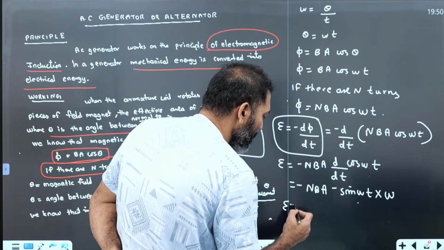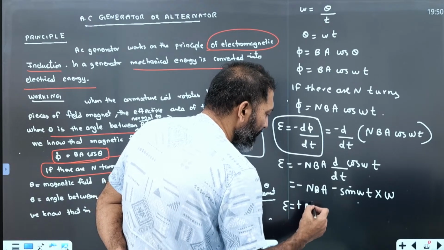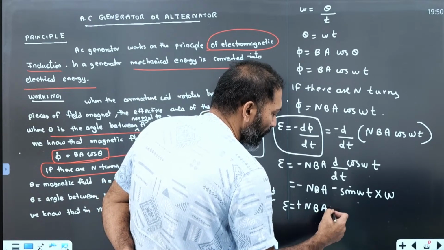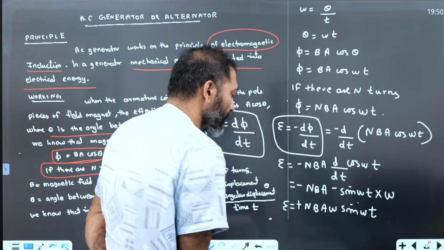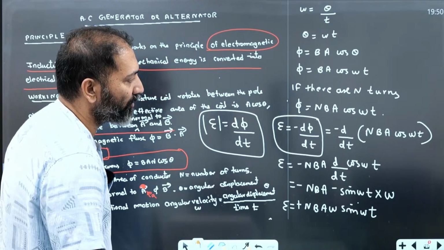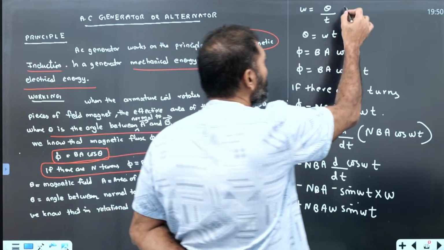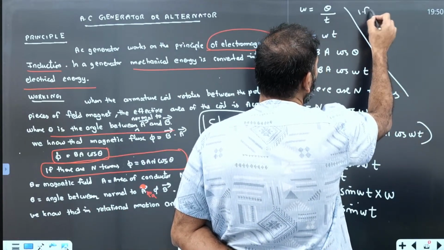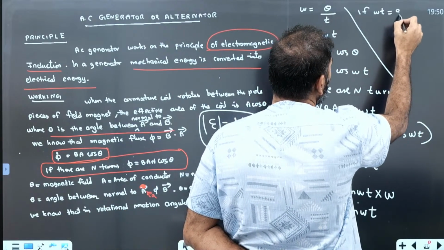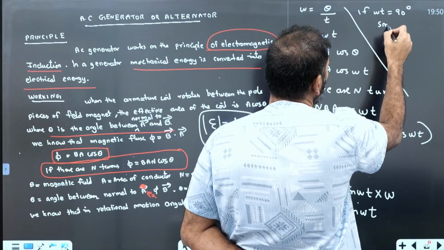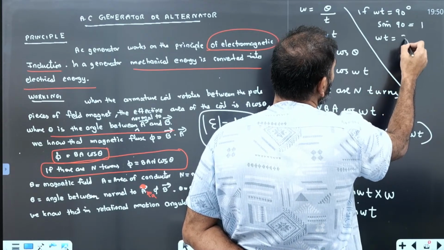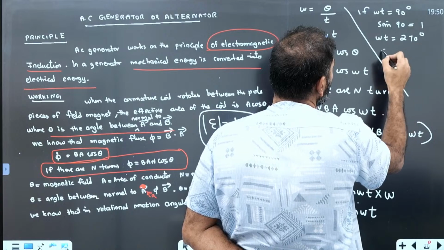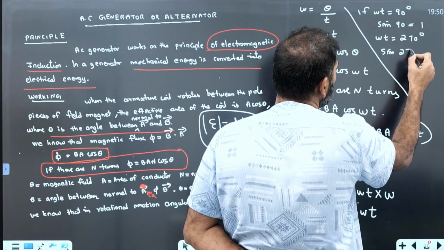What is the induced EMF equation? Plus NBA omega sin omega t. Now remember, if omega t is equal to 90 degrees, what is sin 90? 1. If omega t is equal to 270 degrees, what is sin 270?